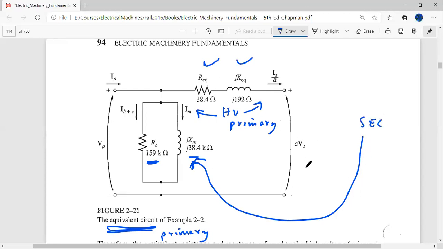So we have to bring the parameters calculated for RC and JXM towards the primary side by multiplying both by A square. If you multiply both by A square, this comes out to be 159 kilo ohm, and 38.4 K.